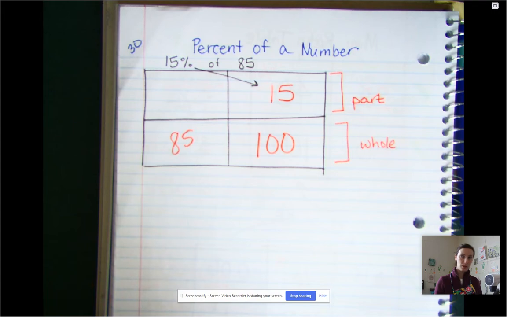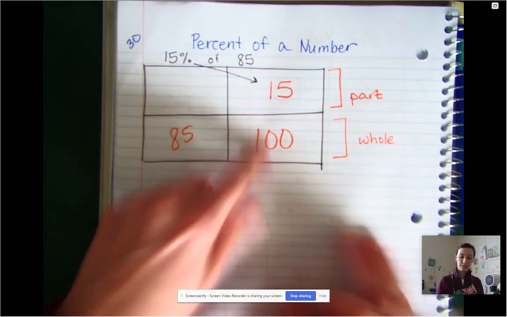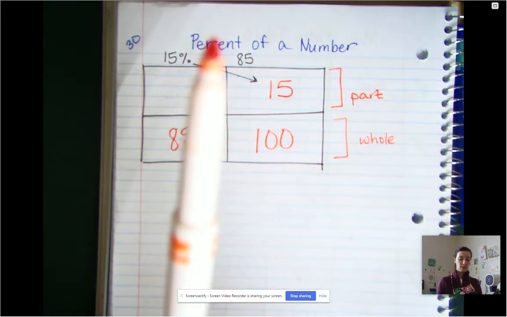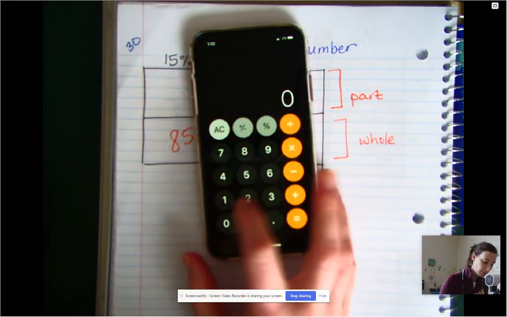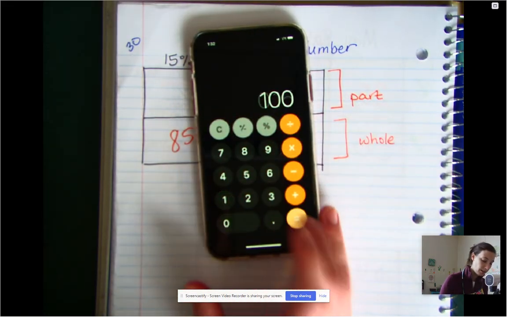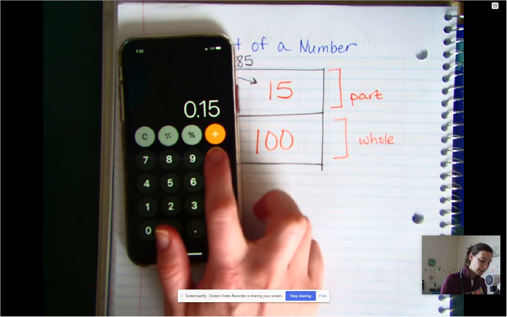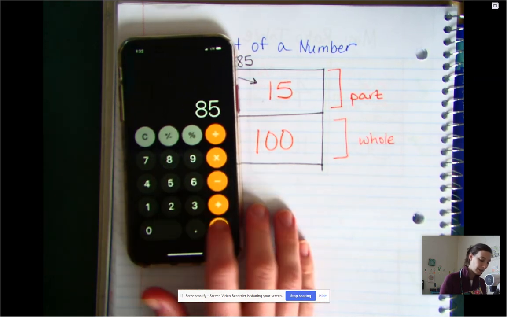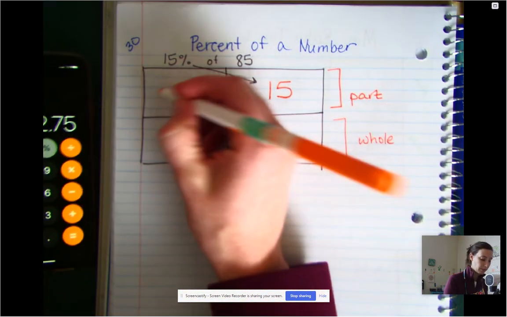So I can do what I did before. I can do 15 divided by 100. 15 divided by 100 is 0.15 times 85 equals 12.75.